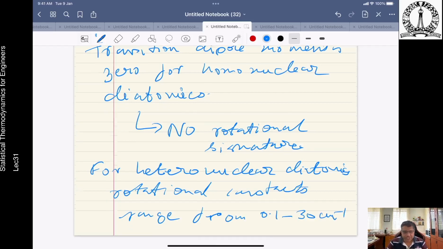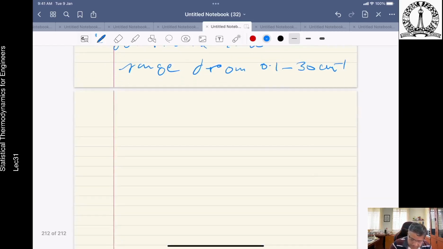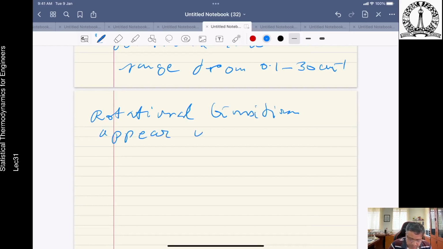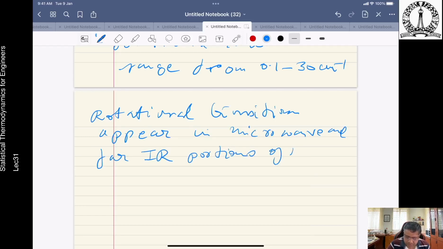So these rotational transitions appear here in the microwave and IR portions of the EM spectrum.